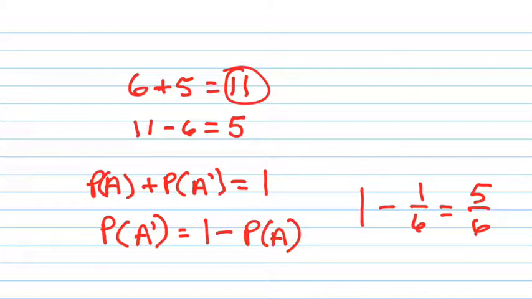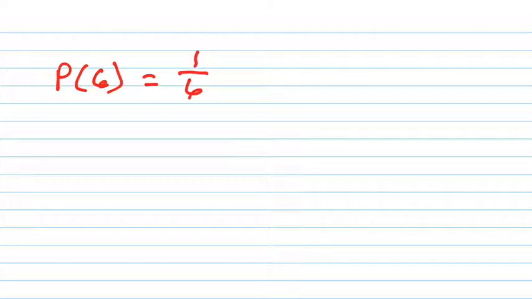So if you were doing the rolling a 6, how would you write the A? The probability of getting a 6 is 1 out of 6.